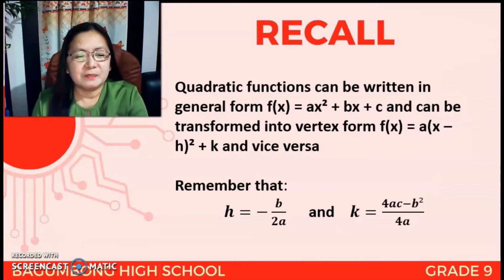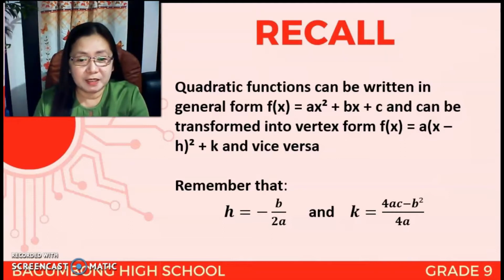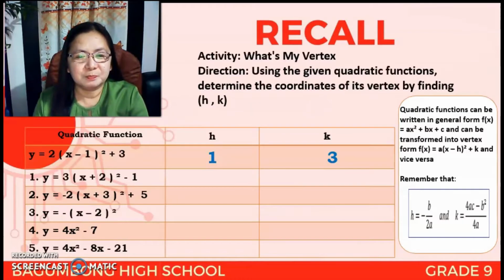Remember that we have the formula for h, which is negative b over 2a, and k is equal to 4ac minus b squared all over 4a.